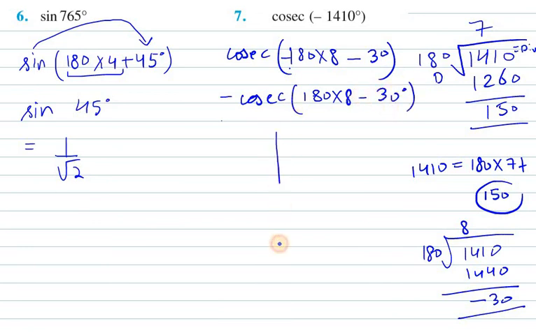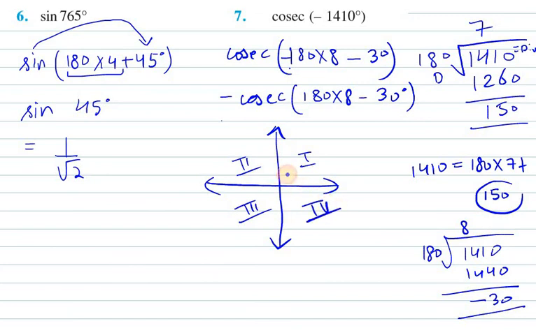Again we need to make a graph for it and make all the quadrants here. So it will be first, second, third here and fourth here. Now we need to go 180 into 8 times. 1, 2, 3, 4, 5, 6, 7 and 8.